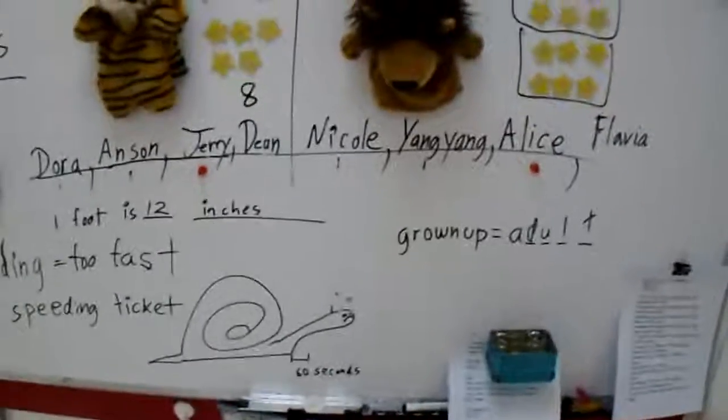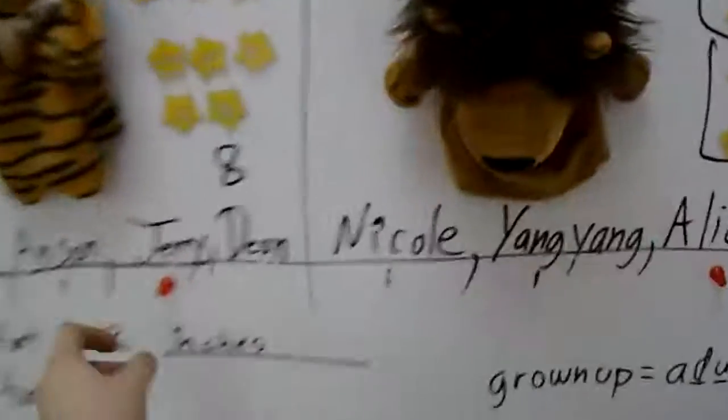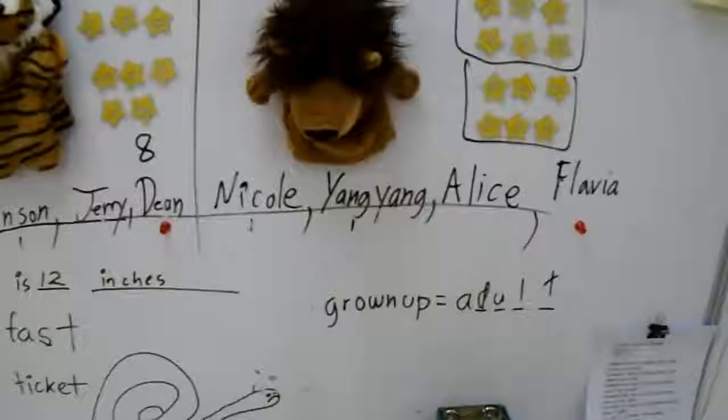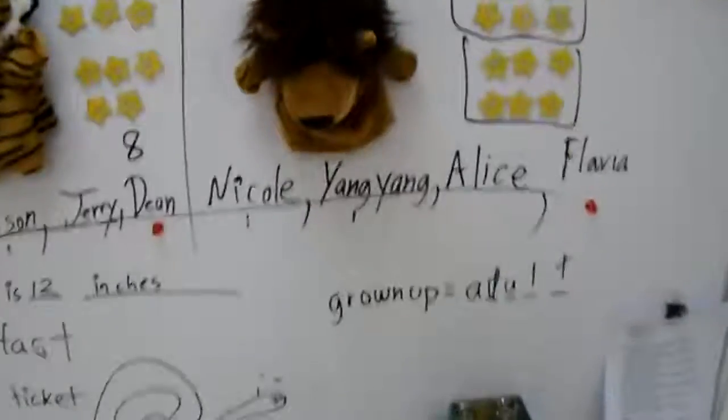They're the next 2. After them, boop, boop. Those are the next 2. We got Jerry and Alice. After them, boop, boop. It's Dean and Flavia.